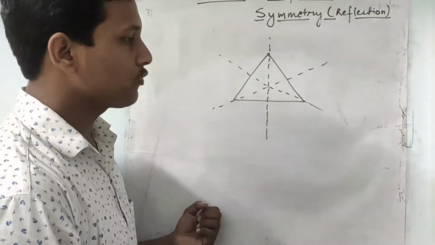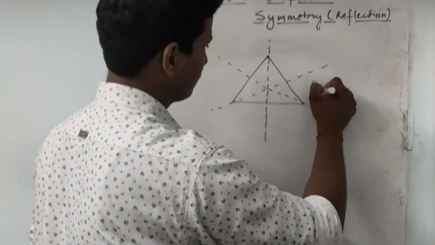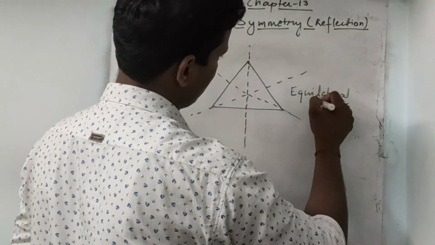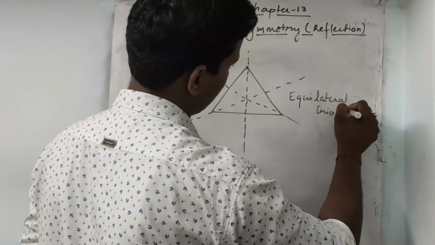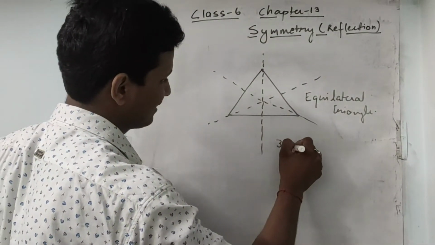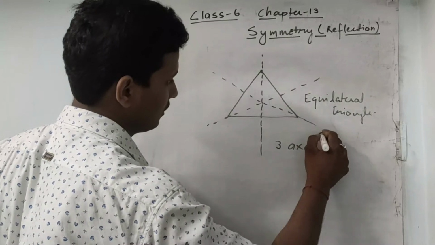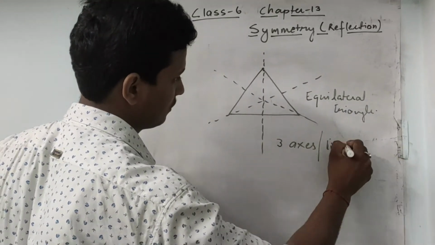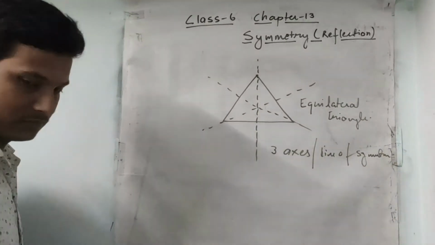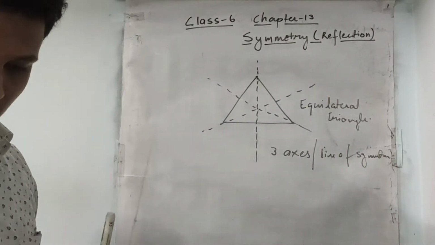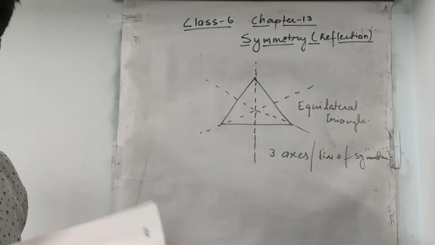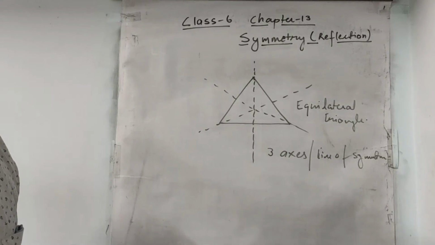In an equilateral triangle there are 3 lines of symmetry, 3 axes you can write. Like that, in a square we can draw 4 lines of symmetry, and in a rectangle we can draw 2 lines of symmetry.